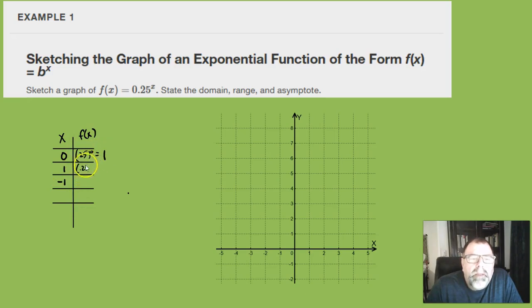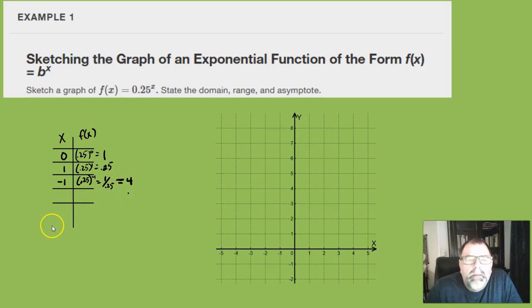Anything to the first power is itself, so this would be 0.25. Anything to the -1 power is 1 over. Now if you know that 0.25 is 1/4, then it's the reciprocal of 1/4, which is just 4.